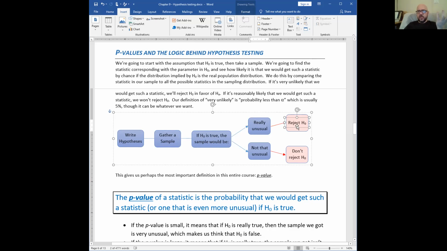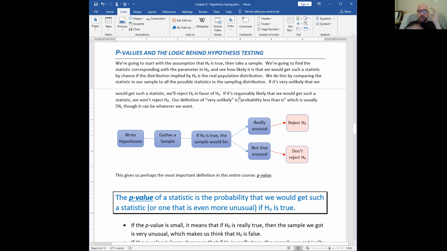That causes us to reject the null hypothesis, right? That's how we determine if we think the null hypothesis is true, is if our sample goes with that idea. If it seems to go fine with that idea, then we don't reject the null hypothesis. Remember, the null hypothesis is the default, and so we need strong evidence to reject it. And if we get that strong evidence, then we will reject the null hypothesis.